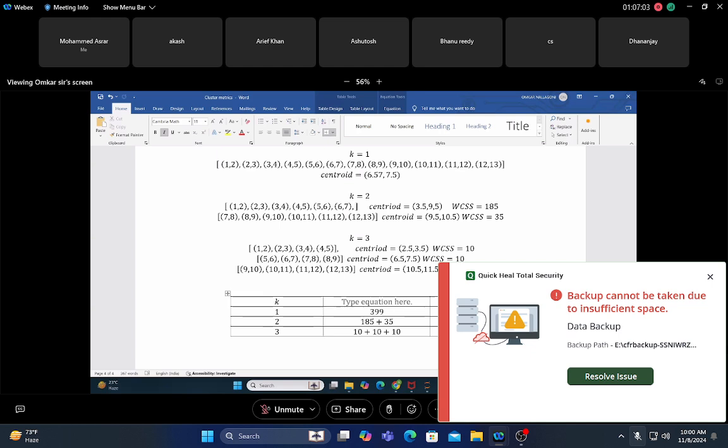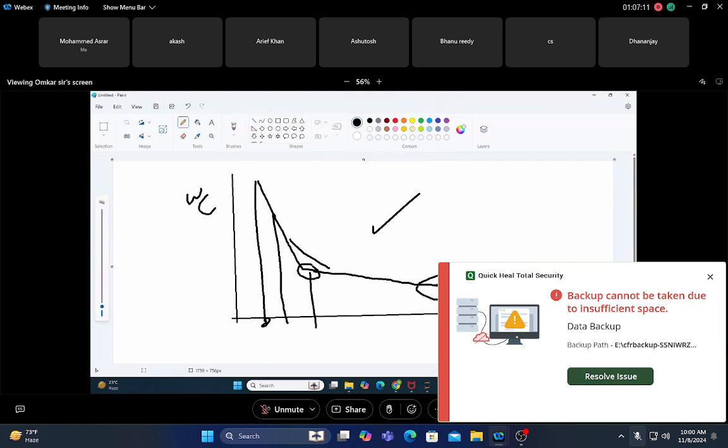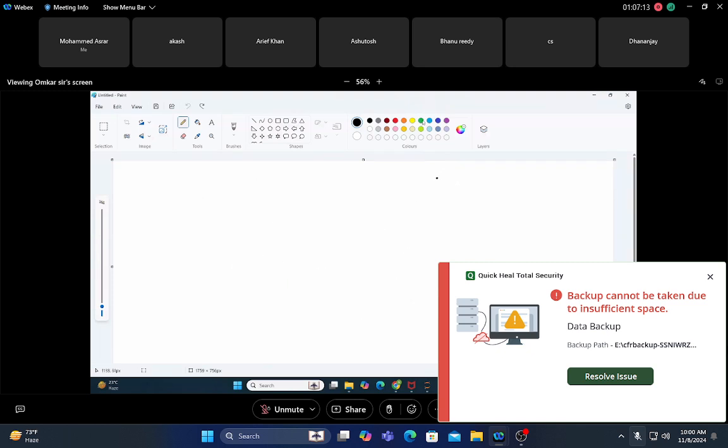Now if you draw the curve, moving next, ma. Can you draw the curve like this? WCSS versus K. Here K, here WCSS, within cluster sum of squares.